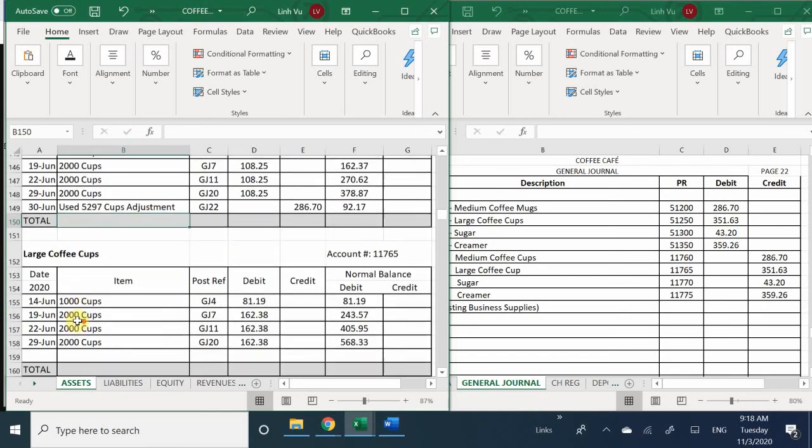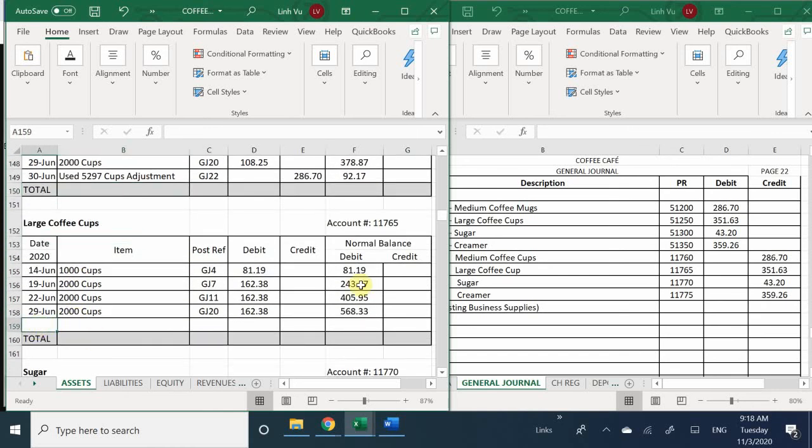Okay. Now moving on to my large coffee cups. So how many cups did I use? 4,331.